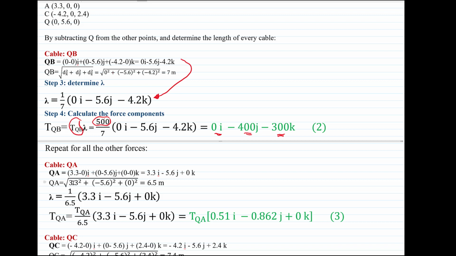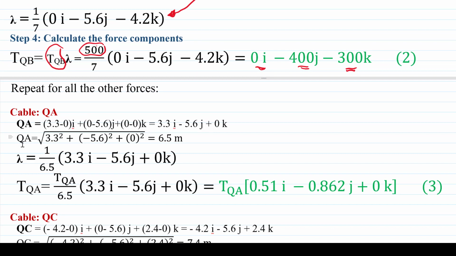Now we need to normalize this vector. So we're going to say you get the square root of the first term square plus the second term square plus the third term square under the square root. So you get the distance QA. Then once you divide the vector QA by the value of the QA, which is 6.5, you get the lambda vector. So now the lambda vector will be what? 1 over 6.5 multiplied by the vector 3.3i minus 5.6j 0k.